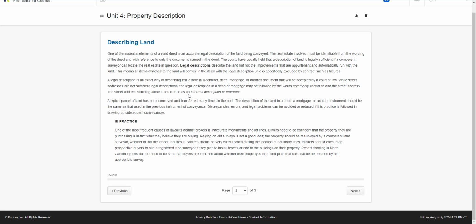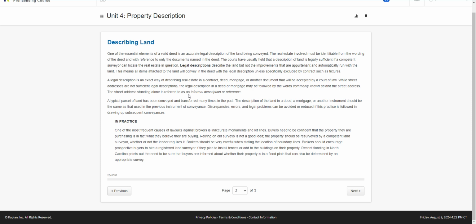So, legal descriptions describe the land, but not the improvements that are appurtenant and automatically run with the land.